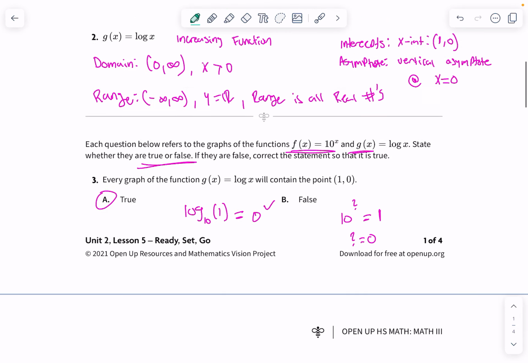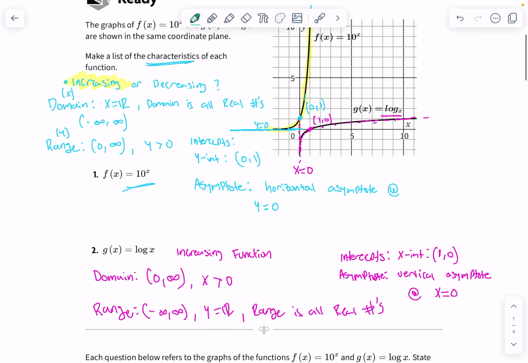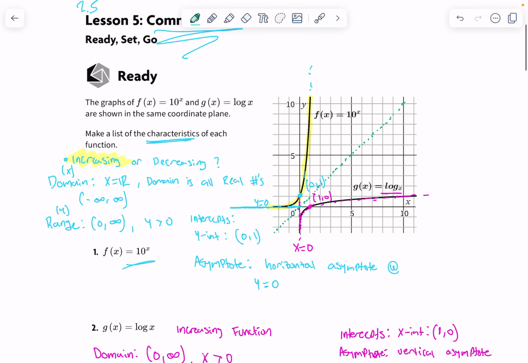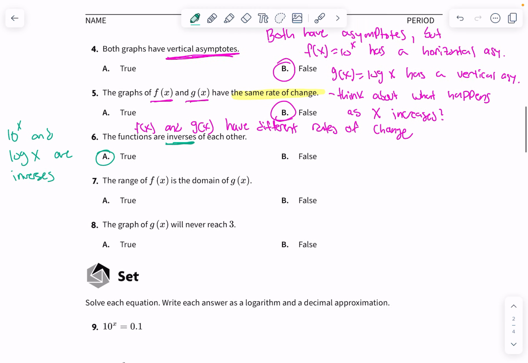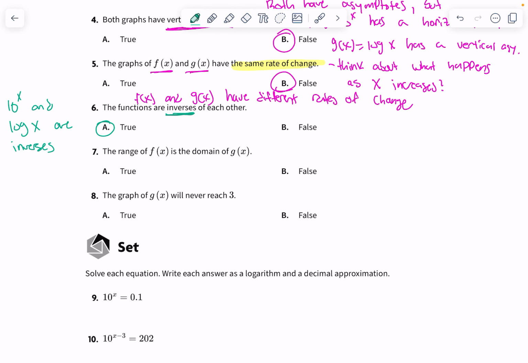We saw that a little bit here, that it's a reflection over the line y equals x. So visually and graphically, you can see it here, to some extent. This is the line y equals x. We'll talk about this in question 7.